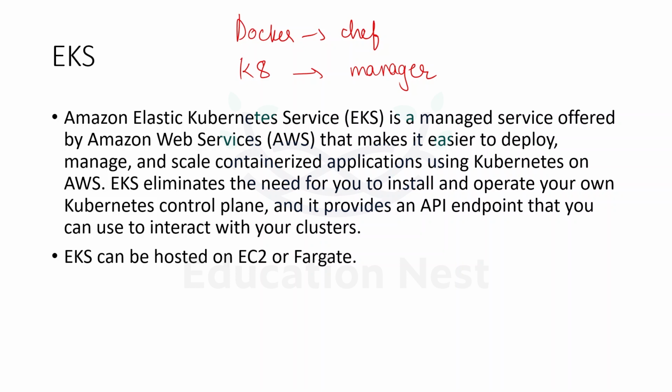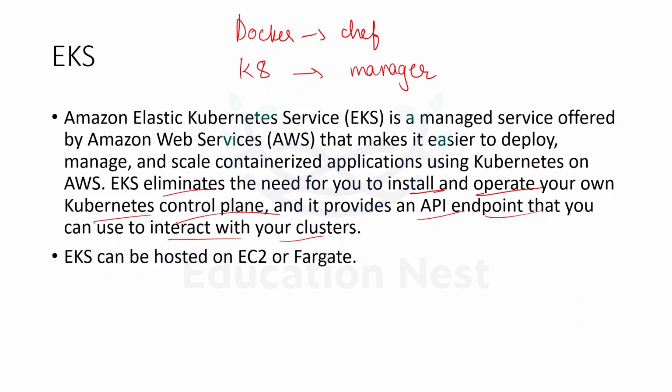But when you do so, you have to install Kubernetes and Docker engines on this EC2, and you have to manage those. But when you use ECS and EKS, those management overheads are reduced. It eliminates the need of installing and operating your own Kubernetes control plane. Instead, it provides us with an API endpoint, which we can use for interacting with our clusters.